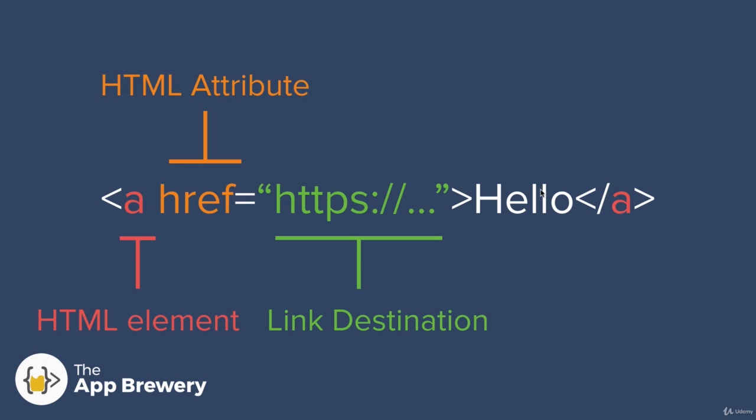And the anchor tag is not a self-closing tag, so it has a closing tag at the end. Between the open tag and the closing tag is our link text. That's the bit of text that's going to be underlined and highlighted in blue so that the user knows that when they click on this word, it is going to take them to that link.